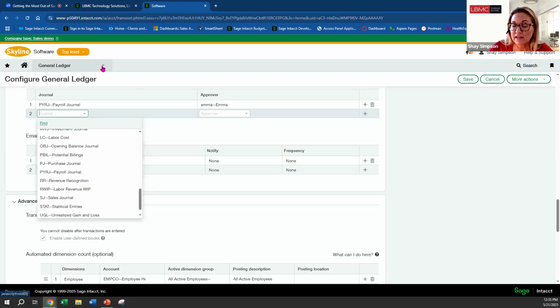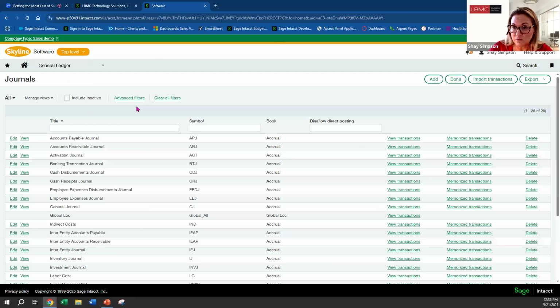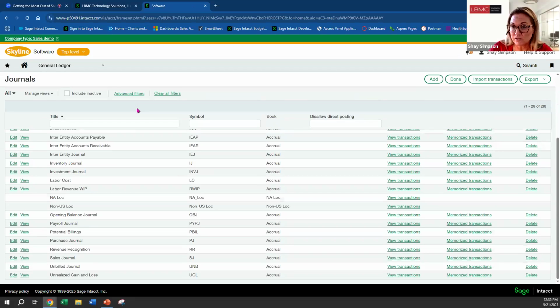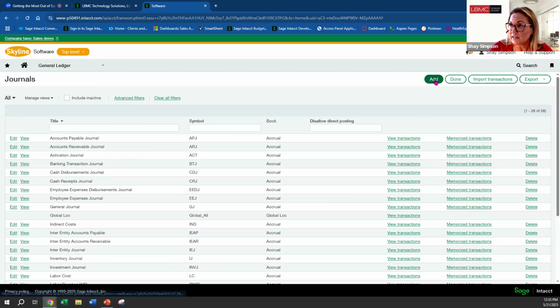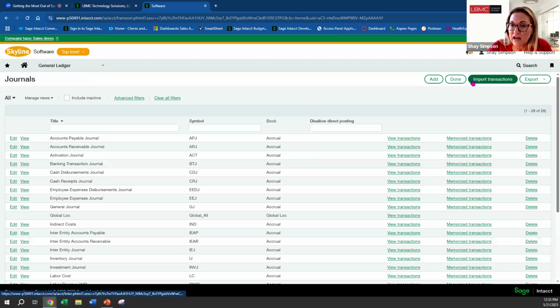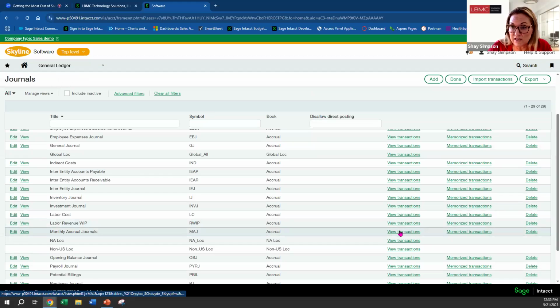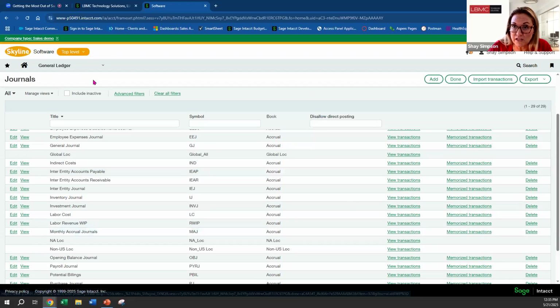And again, I can add as many journal types as I want. Obviously, Intacct comes with several that are out of the box. But another one that I would probably create is my monthly accrual journal. Again, I'm isolating those journal entries so that I can view all of those transactions and have those all grouped together.